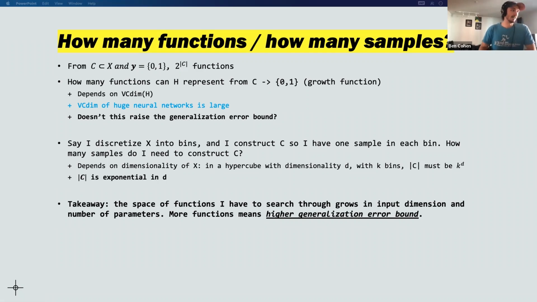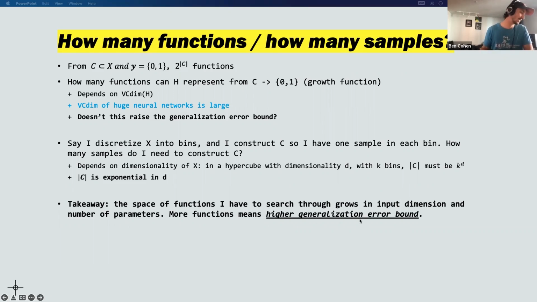And finally, to tie this back to the problem of how many functions there are, if I go back up here and construct such a data set, the number of functions is exponential in the dimensionality of the inputs for a data set of this type. So the takeaway is basically the number of functions I have to search through is going to grow in two ways. First of all, it's going to tend to grow in the input dimension and in the number of parameters. So both of these things will tend to hurt the generalization error bound.